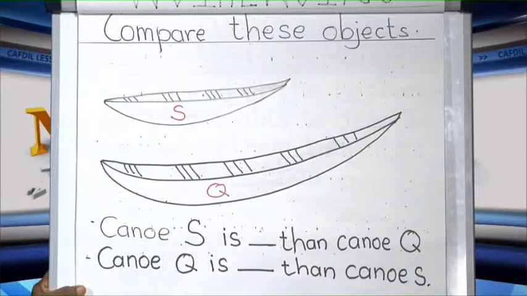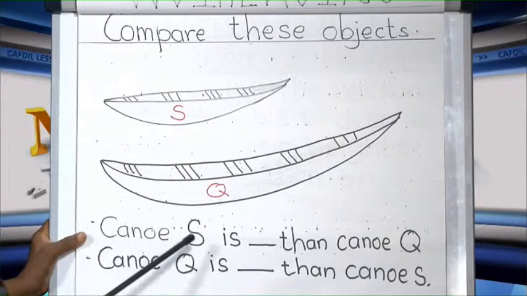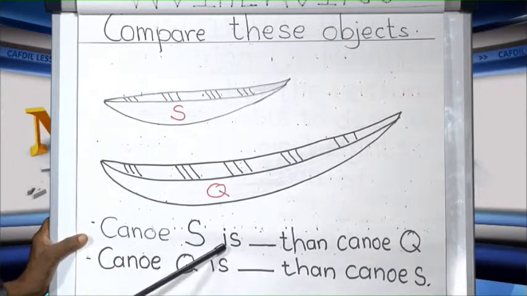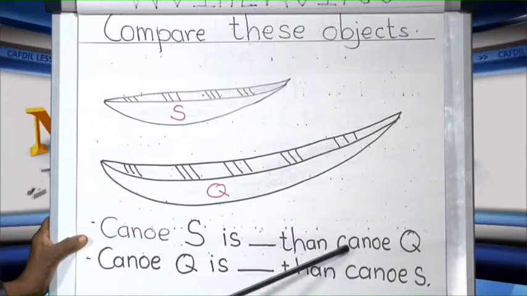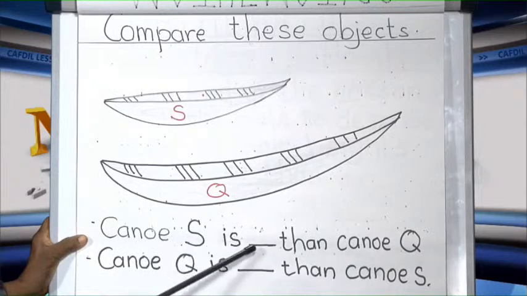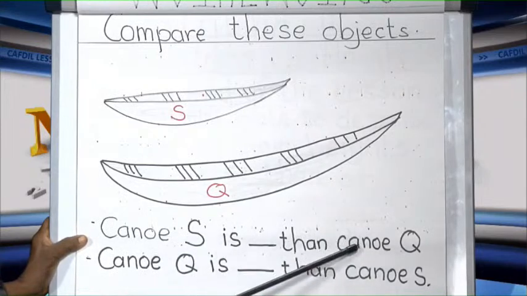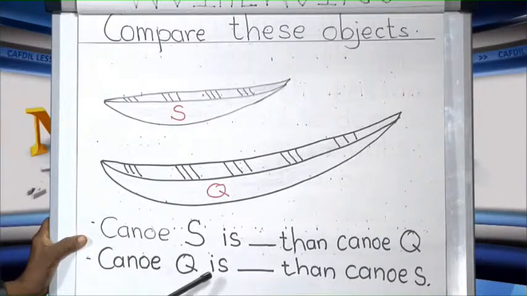When you have finished, we have these gaps to fill. We have 2 exercises to complete. Canoe S is dash than canoe Q. And canoe Q is dash than canoe S. Which words are we using?